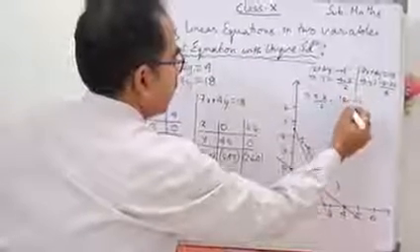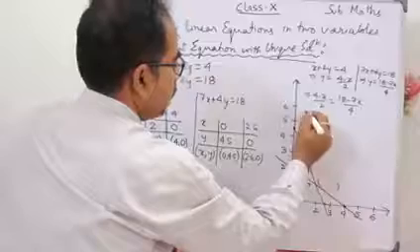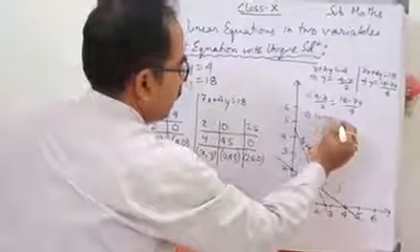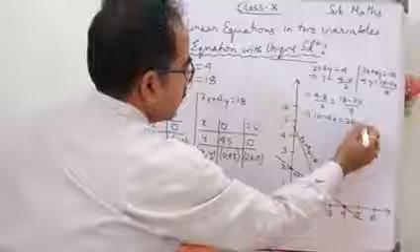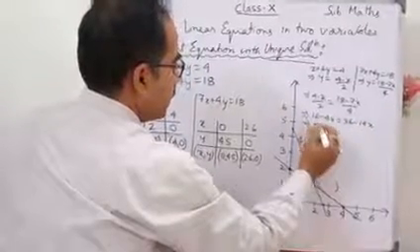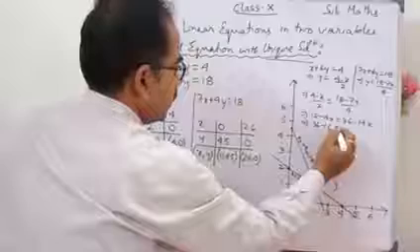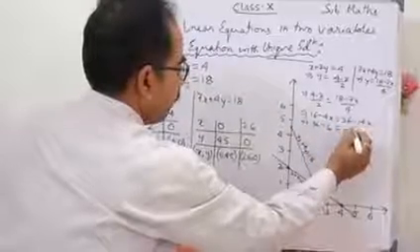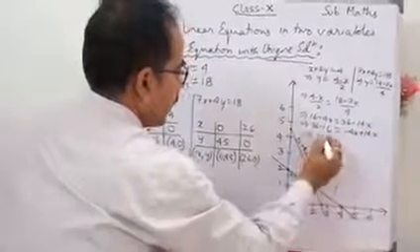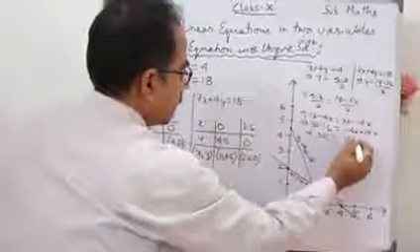minus 7x by 4. So if I solve, automatically it will get 16 minus 4x equal to 36 minus 14x. So ultimately you are getting 36 minus 16 is equal to minus 4x plus 14x. So ultimately you are getting 20 equal to 10x.